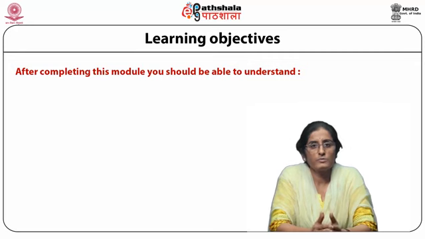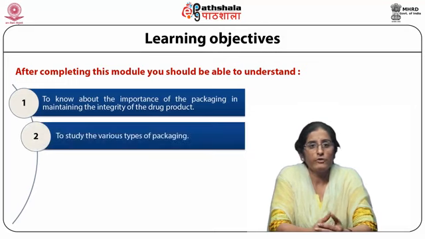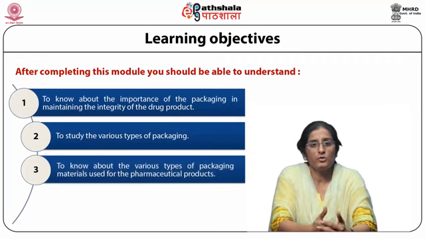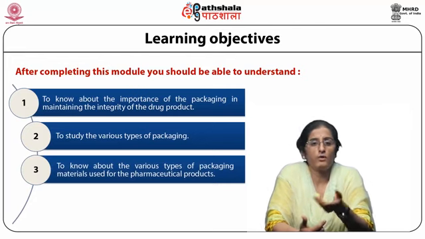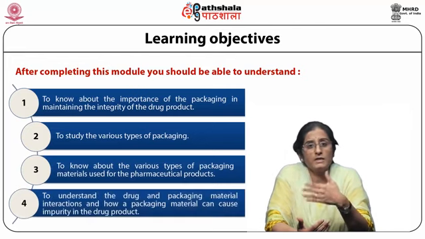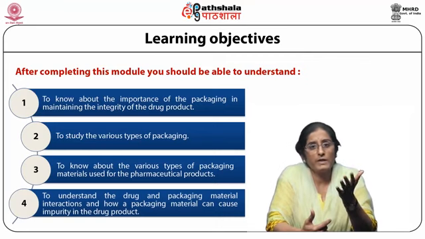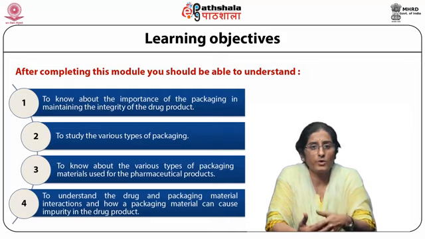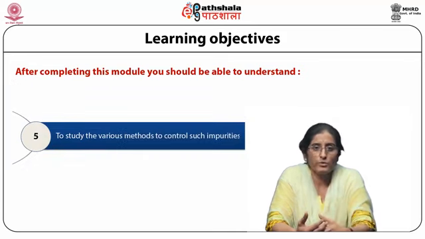After completing this module, you should be able to know about the importance of packaging in maintaining the integrity of the drug product, to study the various types of packaging, to know about the various types of packaging material generally used for pharmaceutical products, to understand the drug and packaging material interaction and how a package material can cause impurity in the drug products, and to study the various methods to control such impurities occurring from the packaging material.